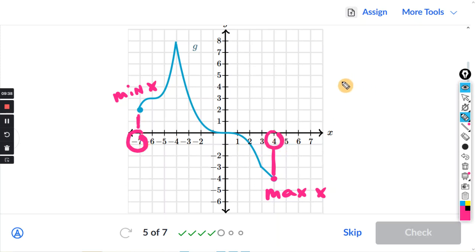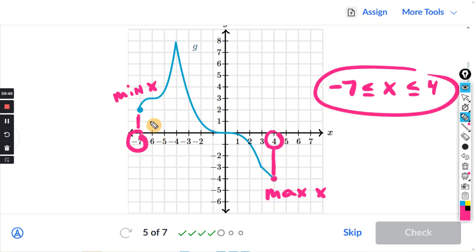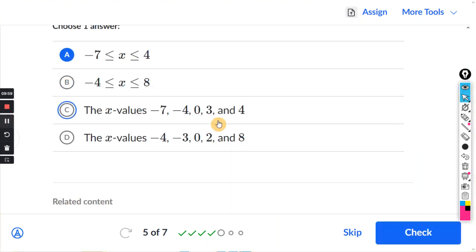So it runs from -7 to +4. And the x's are in between. This is continuous. You can draw this without lifting your pen, so it includes all the values in between. All right, -7 to 4.